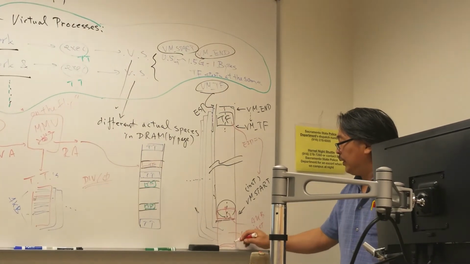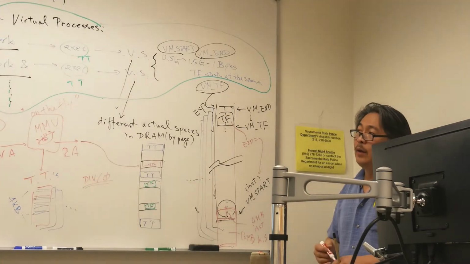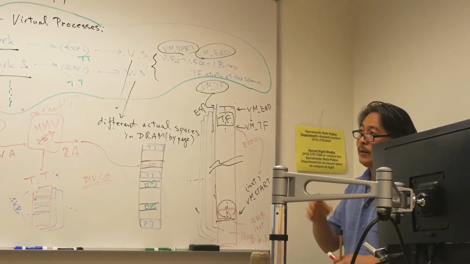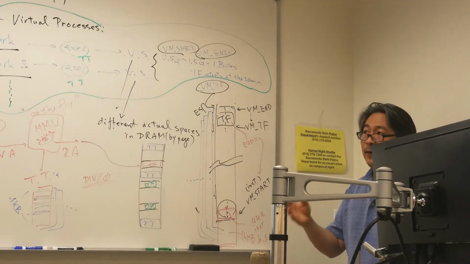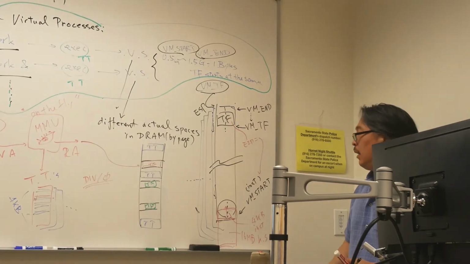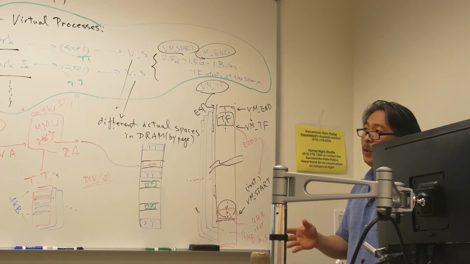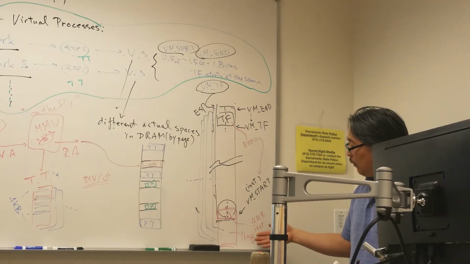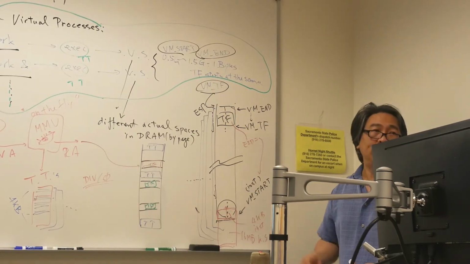So why 4 entries? Because in the main table, every entry can point to a subtable that has 1024 entries, which can point to 1024 4K byte entries. So one entry in the main table is responsible for 4 megabytes of space.